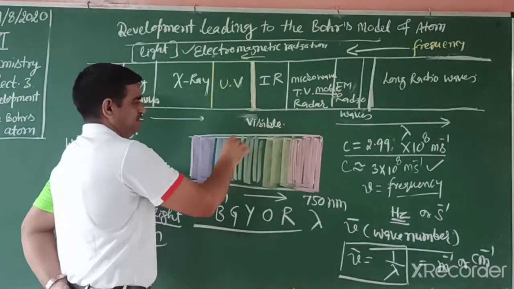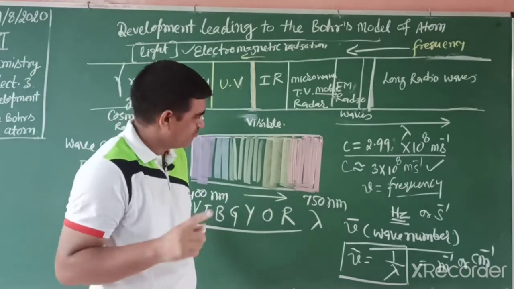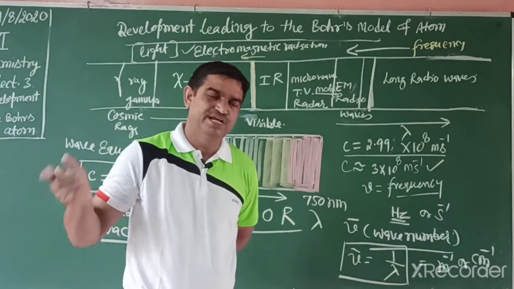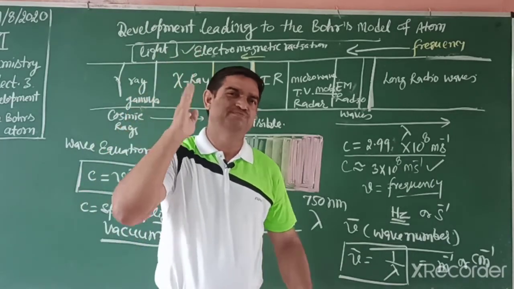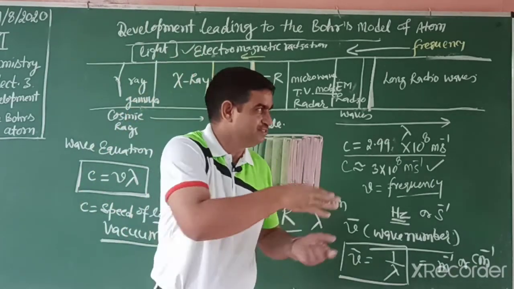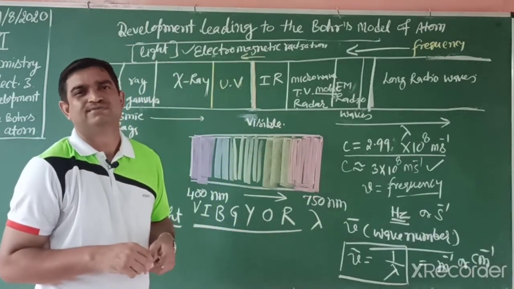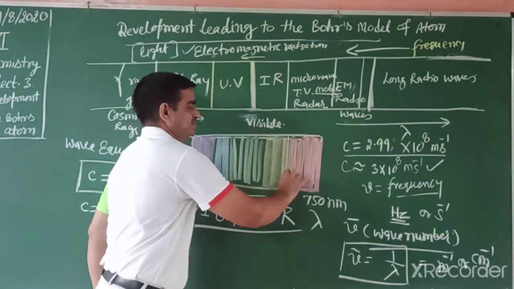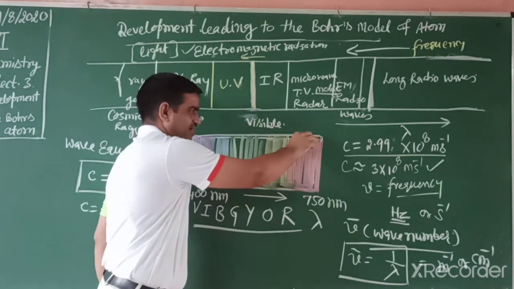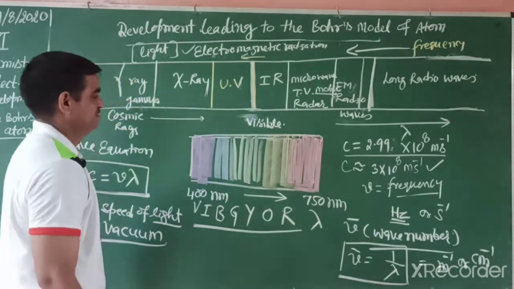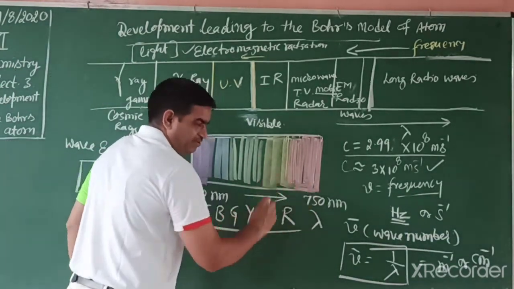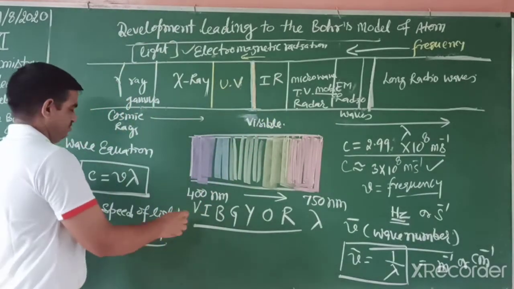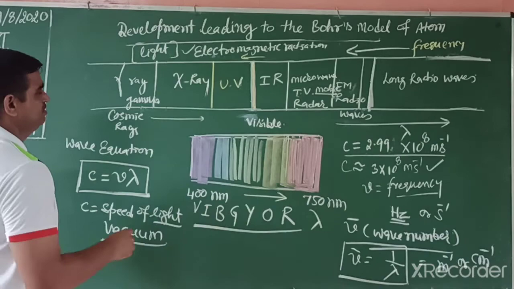Sometimes, wavelength of red color is highest. So in the railway station, the flag is made of red color, because it can easily be seen by the driver. So red signals are made so that they can be easily identified. Because the wavelength of red color is highest, but the frequency of violet color is highest. So we can find out in this way.